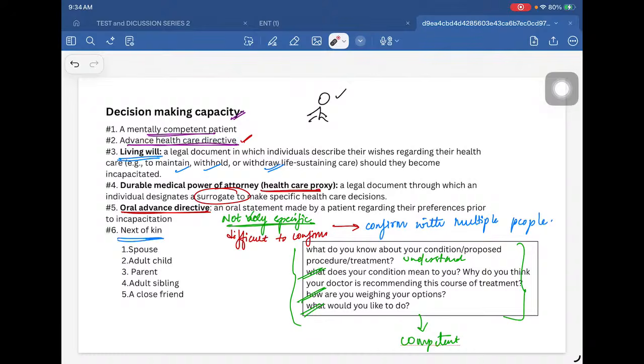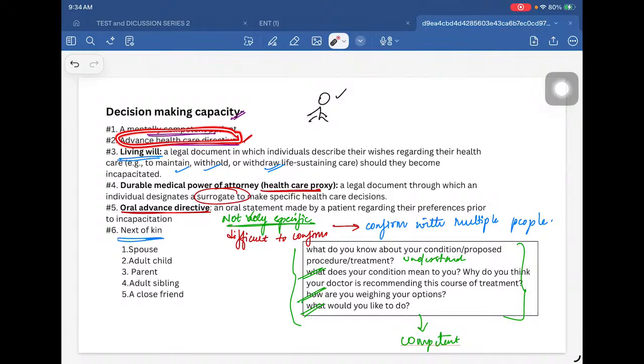Okay. So the difference between advanced healthcare directive and living will is basically, in advanced healthcare directive, the patient will mention what legal instructions they need while making the decision. Like, they can write, okay, my son or someone will decide this, and they will talk in a very legal manner.